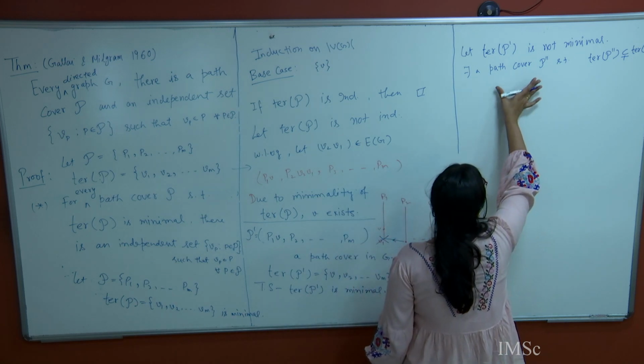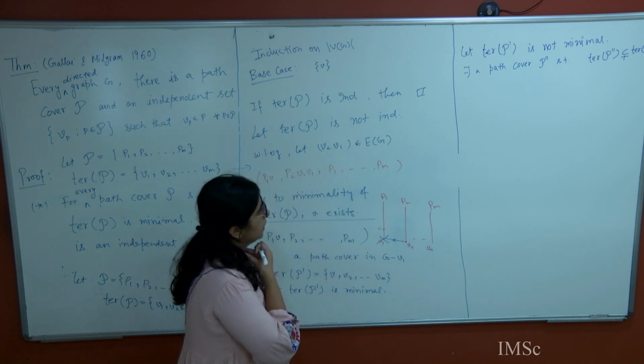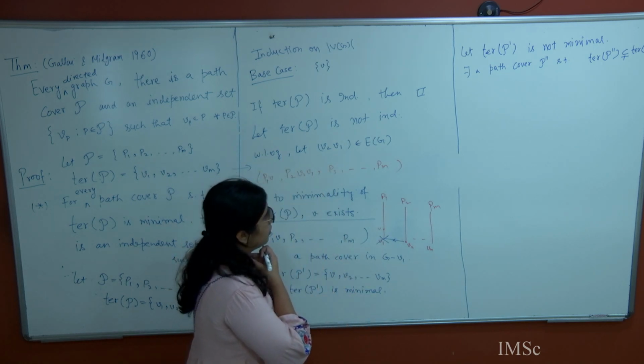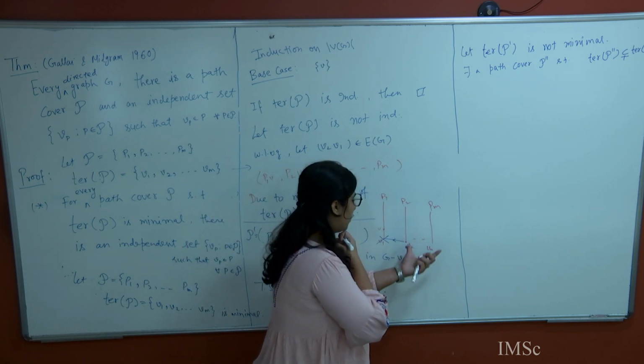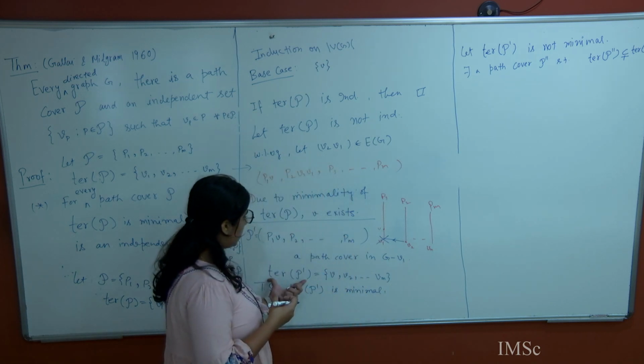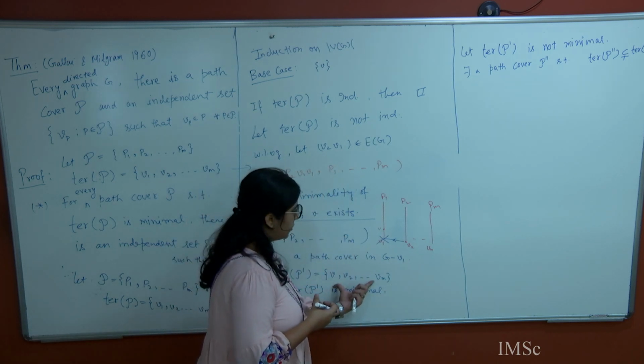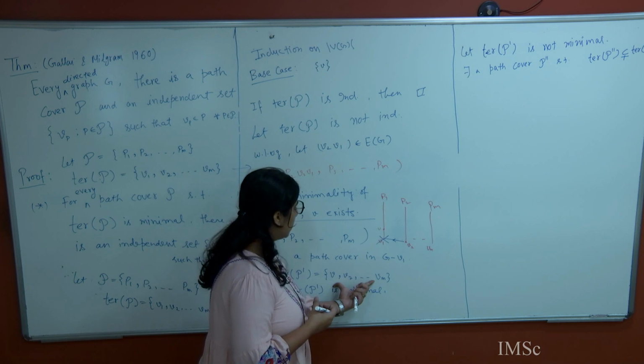Now we have this path cover. So now we don't know what the paths are, but we know that the terminal set is a proper subset of this set.